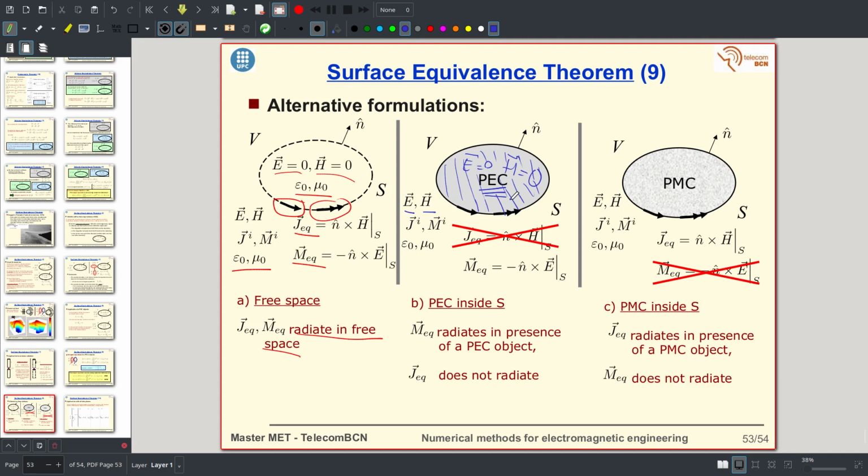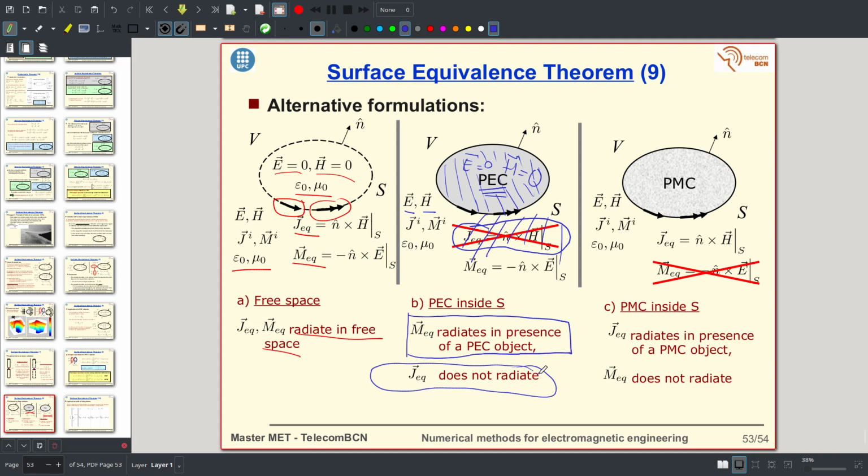I explained that the electrons at the surface absorb power to get accelerated, and then they radiate the power, and there was a power balance equal to zero. The electric current in the surface of a perfect electric conductor does not radiate, so we have to remove this. So what remains is the radiation of a magnetic current in the presence of a perfect electric conductor.